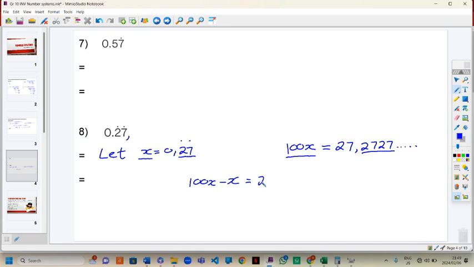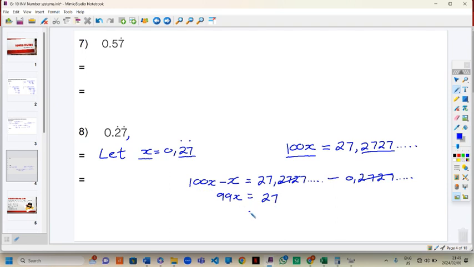This one, 27.2727 and so on and so forth, minus, what is this x equal to? x equal to 0.2727 forever and ever. When I minus those, decimals cancel out. I've got 27 minus 0, which is just 27. 100x minus x is 99x.